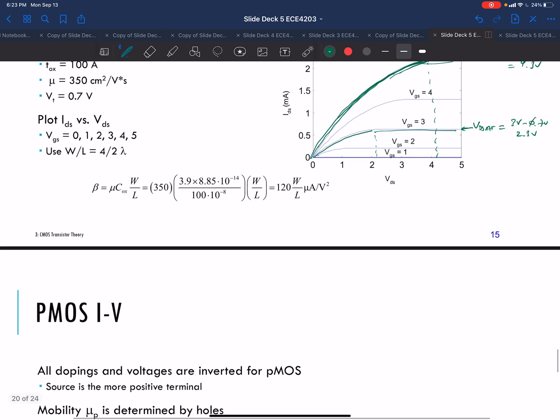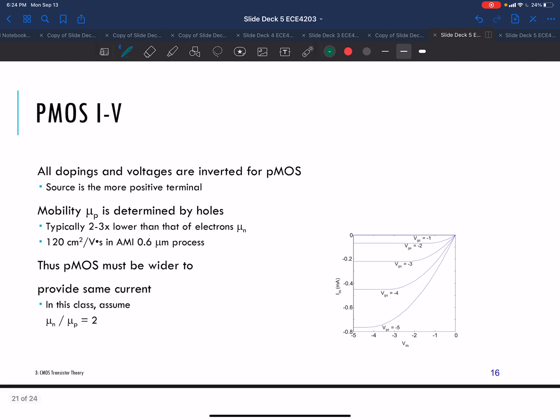Okay, so that's an example. And that's all the stuff for NMOS. It turns out all the stuff for PMOS ends up being reversed. So all the voltages are inverted, the current direction is inverted. So now you're thinking in terms of VDS being negative. Notice all these are negative values.